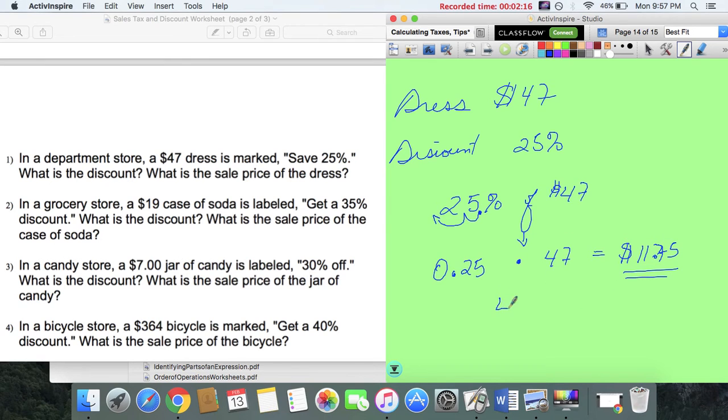So here's your dress, $47, right? And since I'm going to need some decimal places to the right, I'm going to add the decimal, 0, 0. So this is the original price of the dress. We found out what 25% was. 25% is 11.75. And this is your discount.